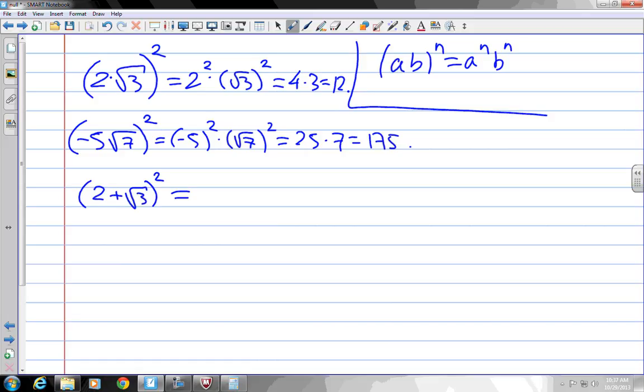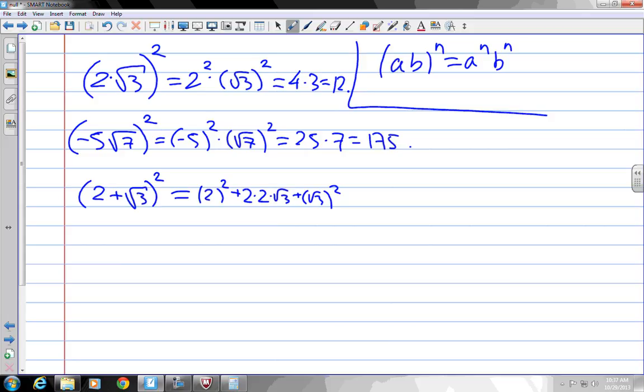Yeah, we'll have to use our formula. We're trying to square a sum. Every time you square a sum, you have to use our square of a sum formula. So that's the first squared plus the double product plus the last squared.